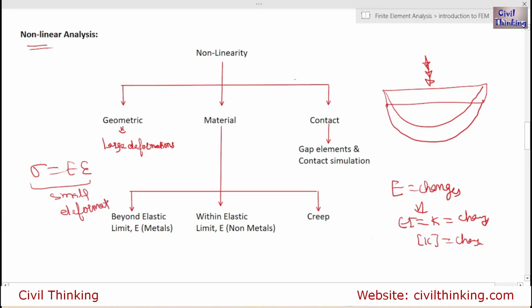If you increase the deformation, this is not applicable. So now we have geometric non-linear analysis for large deformation, and then we have material non-linear analysis. Now for material, we have 3 points beyond the elastic limit, as I have told you earlier. Let me show it again.